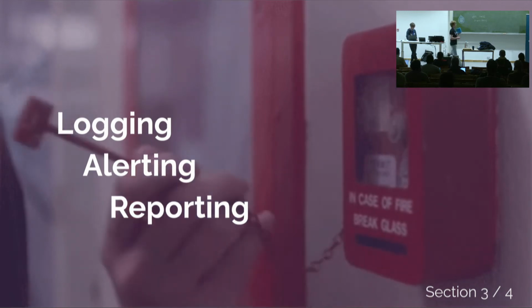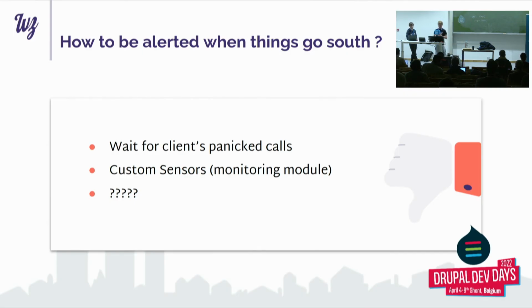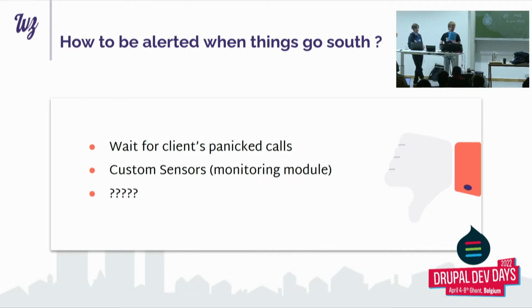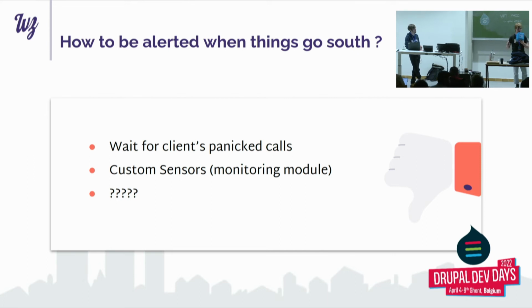Another thing you will have to handle if you run the migration regularly is when it will inevitably fail. It's a must to have a way to report when it does fail. You could simply wait for the client or the end user to call, but that's not ideal. For now, we are using custom sensors for the monitoring module, and if you don't know about it, it's a fantastic module.